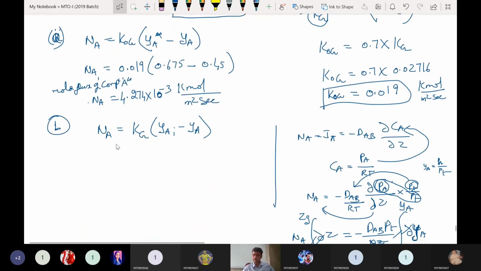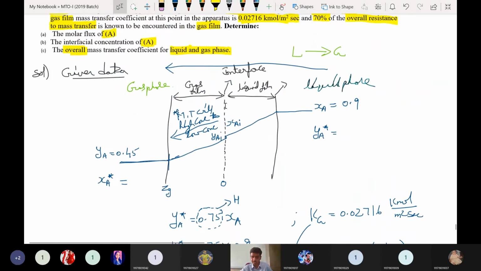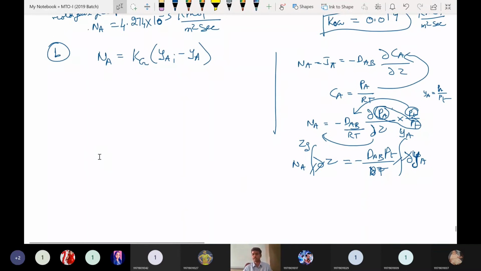We know already NA is equal to flux is equal to mass transfer coefficient into driving force. The driving force is from higher concentration to lower concentration. Higher concentration is YAI, lower concentration is YA. We can define it like that. Otherwise, you have to solve by this derivation, adopting all this procedure.